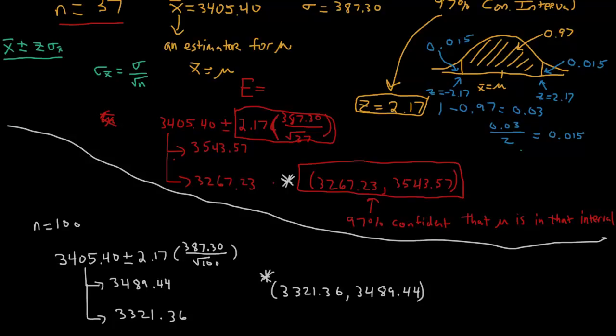The margin of error is 138.17, if we round to 2 decimal places. That's the margin of error.